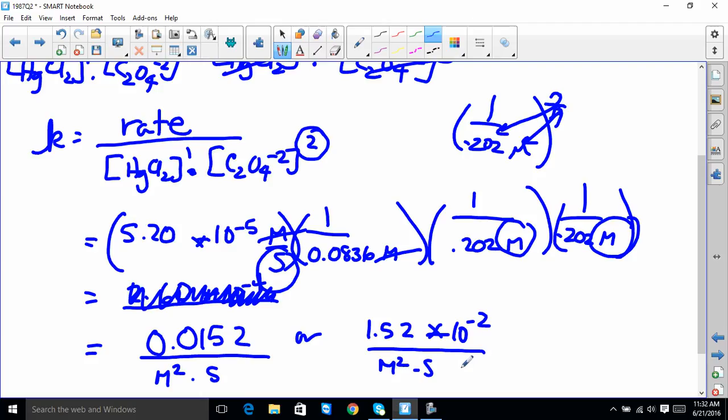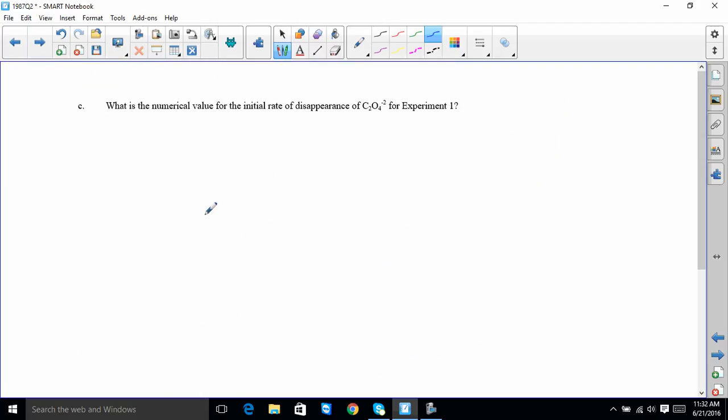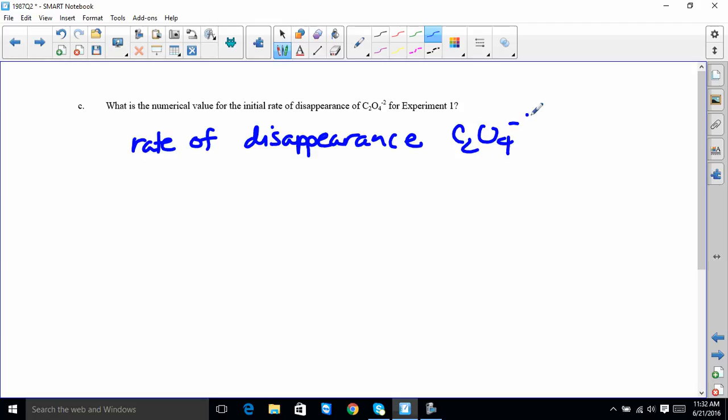So that's K. And then what is the numerical value for the initial rate? This is a very tough question for my students every year. Okay, so listen, we are asking for the rate of disappearance because the reactants disappear and the products appear. So what is the initial rate of disappearance of C2O4 minus 2? Now, I'm asking about the rate of C2O4.